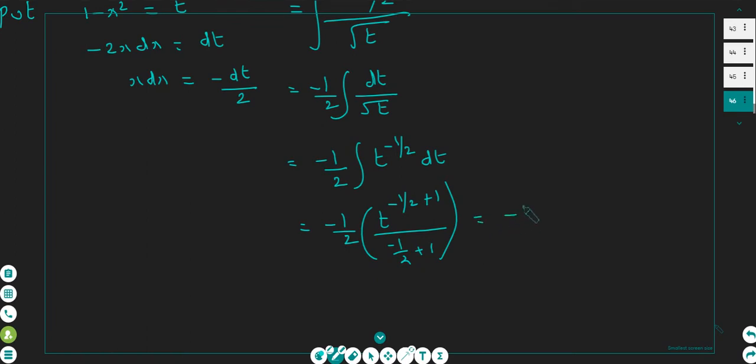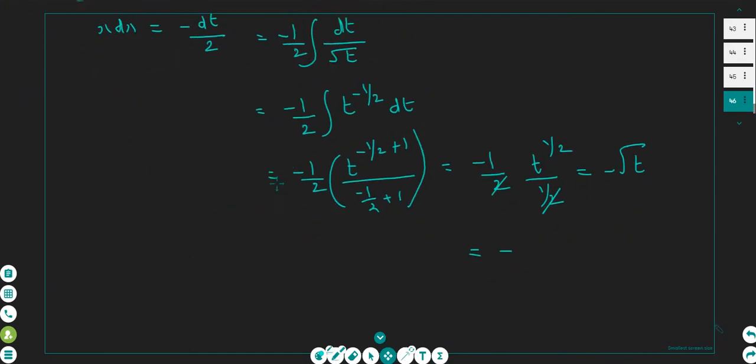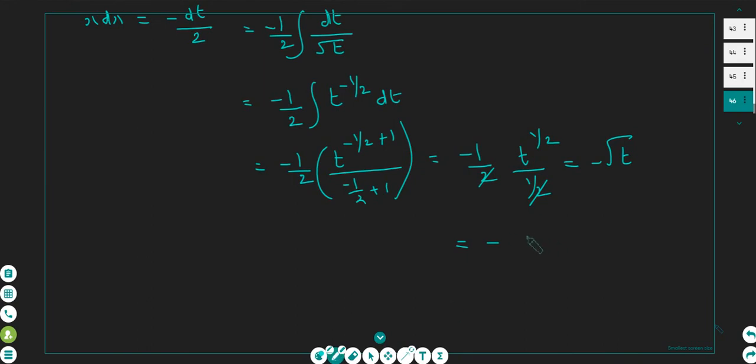Let's clean this up. This is negative 1 by 2 t power 1 by 2 divided by positive 1 by 2, so the 2 and the 2 get cancelled. Finally I am getting negative of root t, which is negative of root of 1 minus x squared.